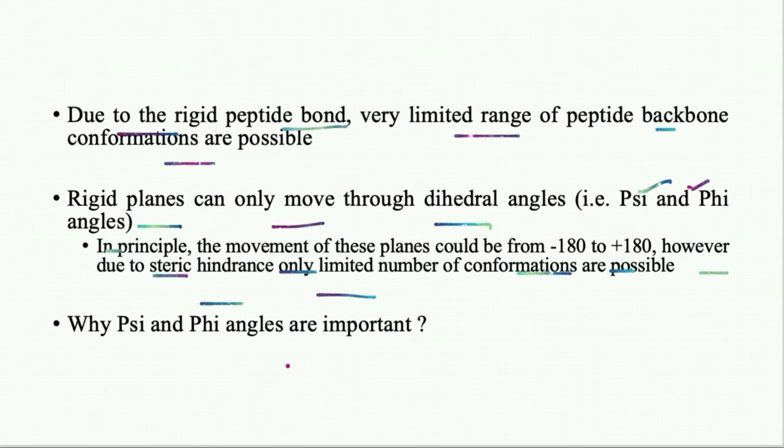Now, why are these psi and phi angles important? They are important because, based on this concept, we can easily predict the particular secondary structure of any amino acid in a polypeptide chain.